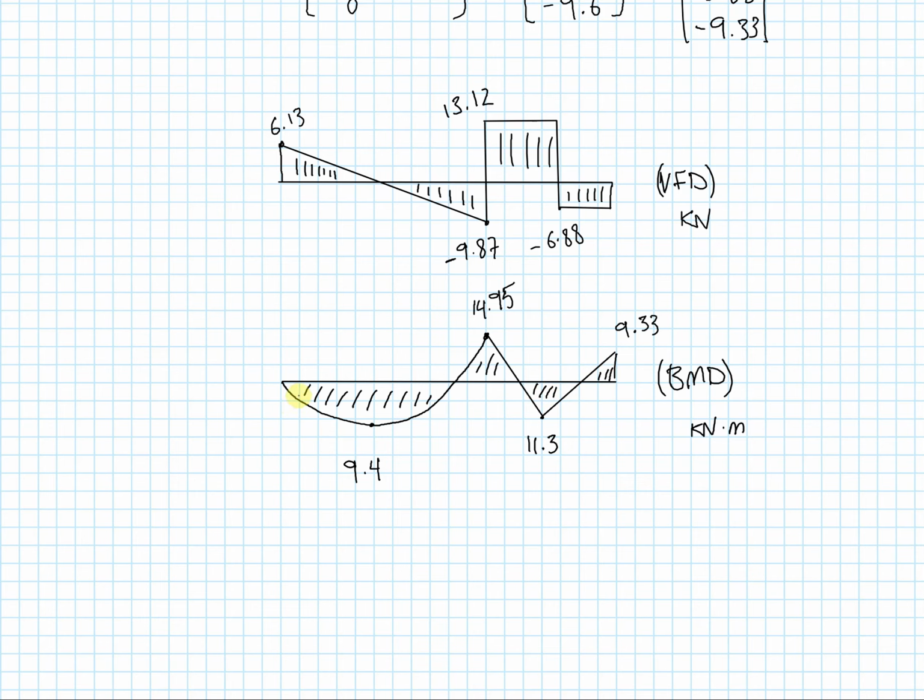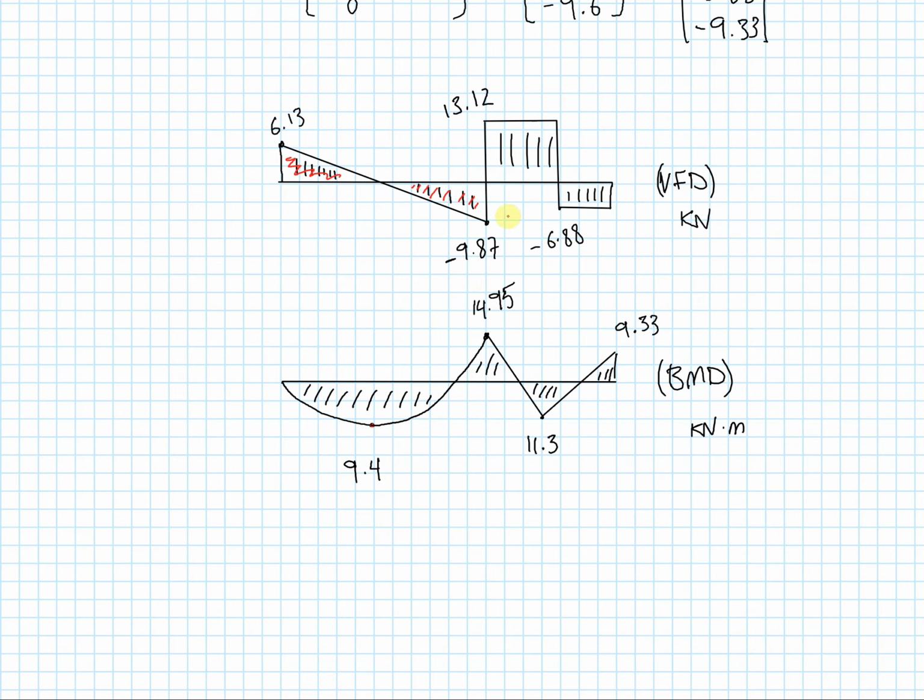And just to recap, what I did was to find the area of the first triangle, this triangle here, and that led me to a value of 9.4 here. Then I subtracted the value of 9.4 by the area of this triangle here, and that sent me to 14.95.